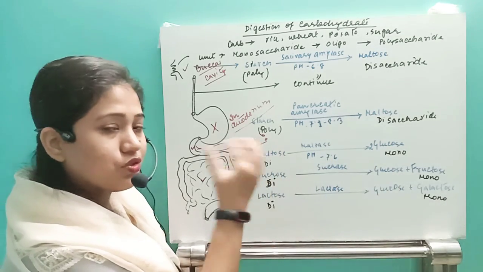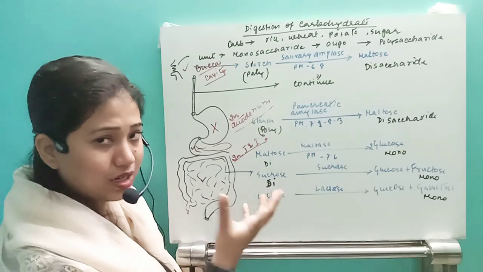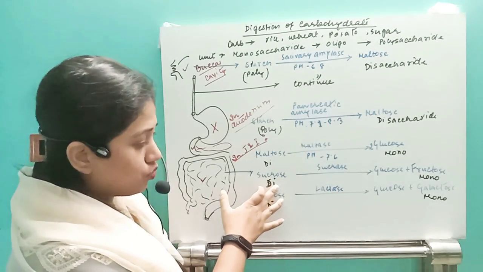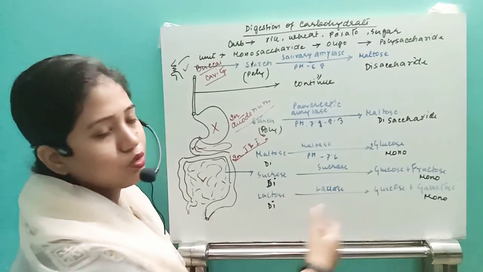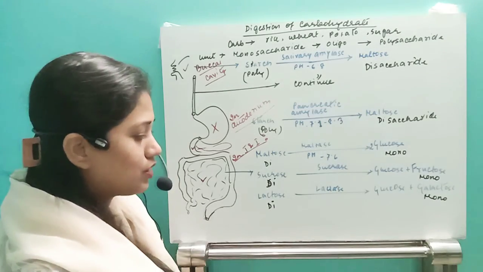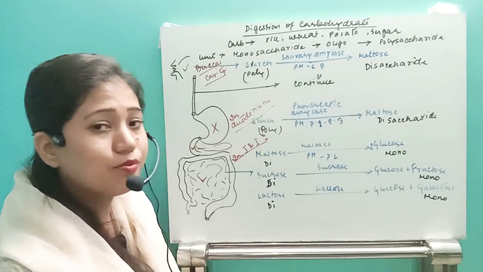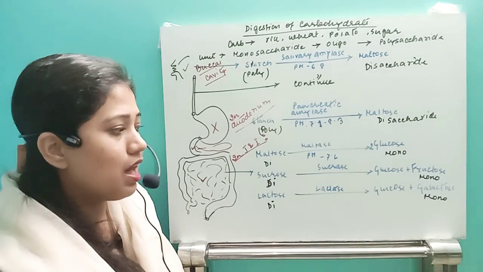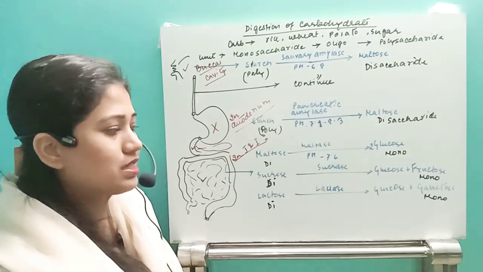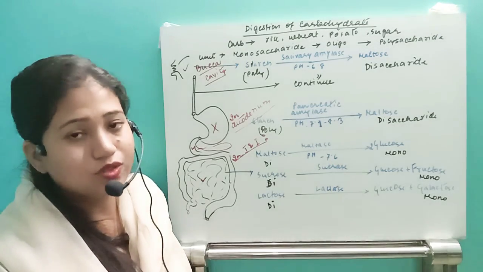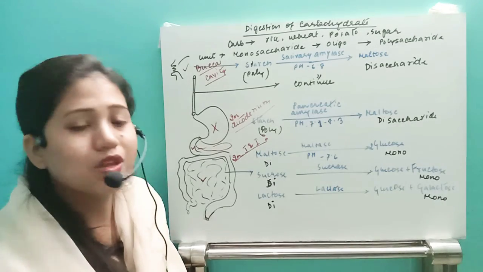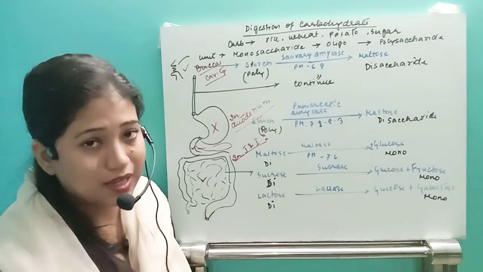The sucrase, released from the same crypts of Lieberkuhn in the succus entericus, works on sucrose and converts it into glucose and fructose. And lactose is acted upon by the lactase enzyme at the same pH, 7.6, and converted into its simplest forms, glucose and galactose. All of these, glucose, galactose, and fructose, are monosaccharides.